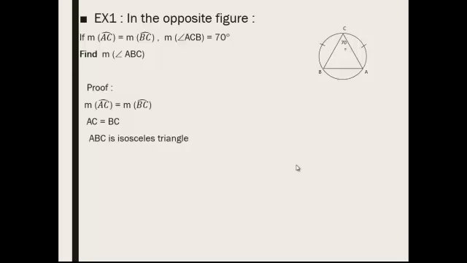Then triangle ABC is an isosceles triangle, two sides equal, then two angles equal. The measure of angle A equals the measure of angle B equals (180 minus 70) divided by 2 equals 55 degrees. Then the measure of angle ABC equals 55 degrees.